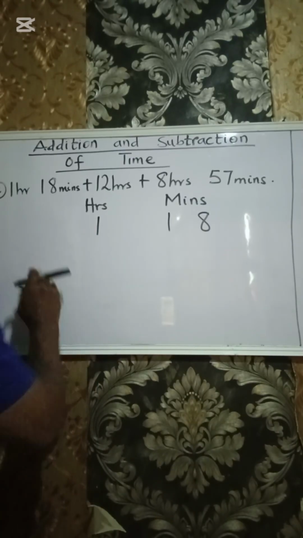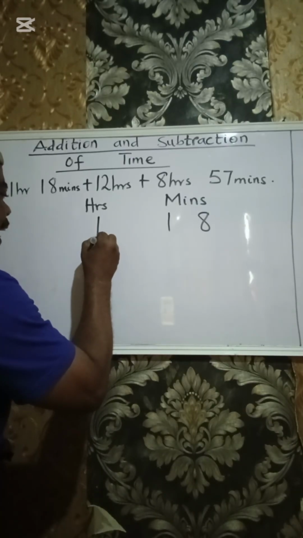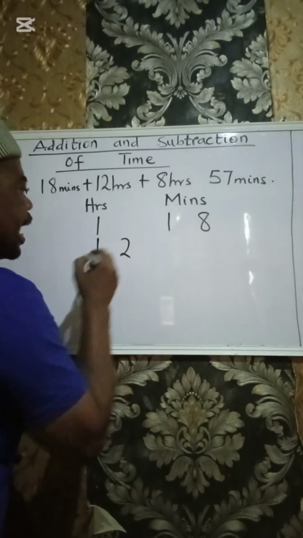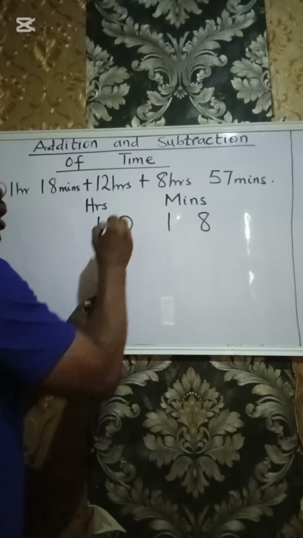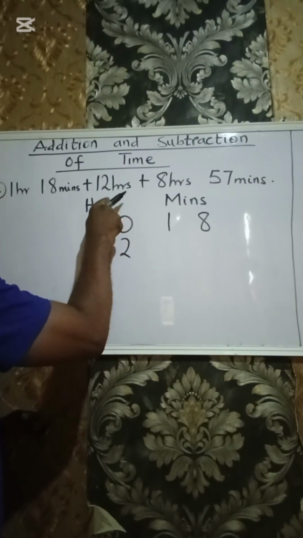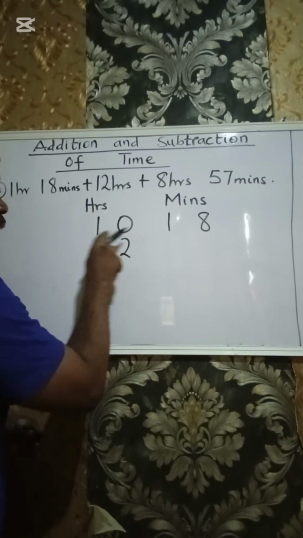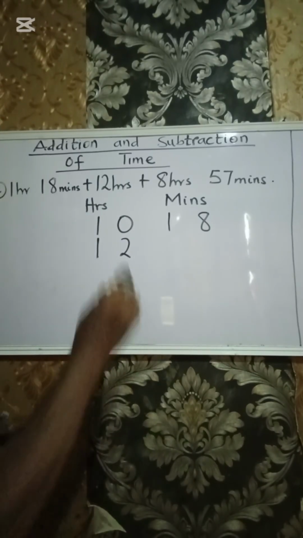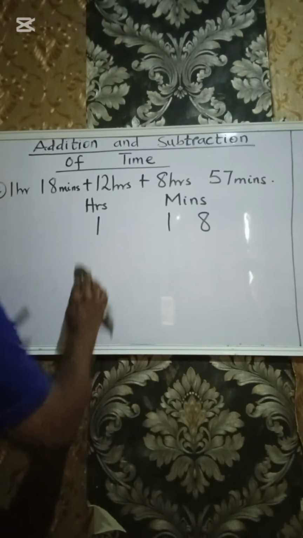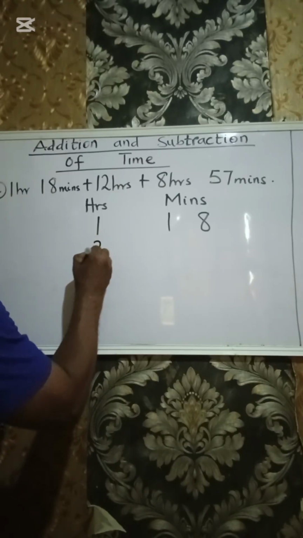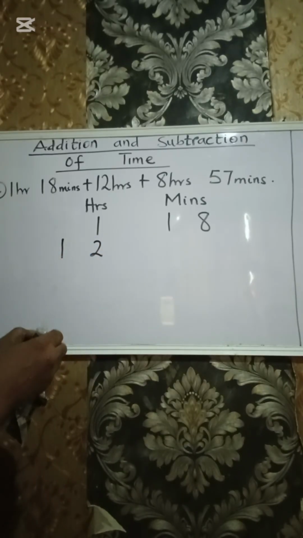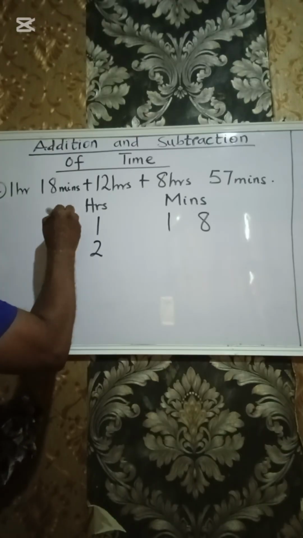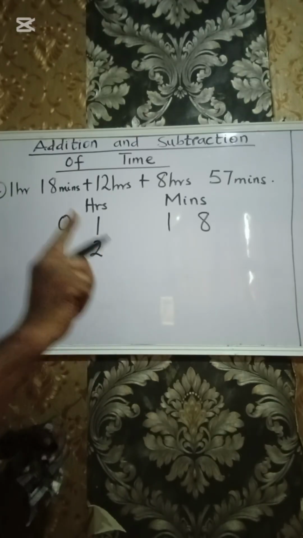But if I happen to put 1 here and 2 here, at the end of the day, I will want to put something here that will look like 0, and this has become 10 hours. But if I say my 2 should come here as units and my 1 should come here as tens, look at it. If I put 0 here, 0, 1 is still 1.